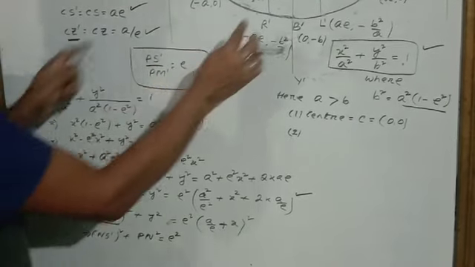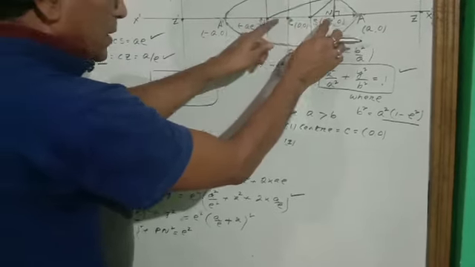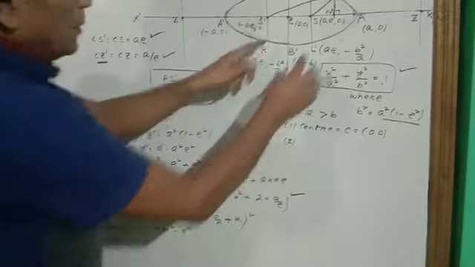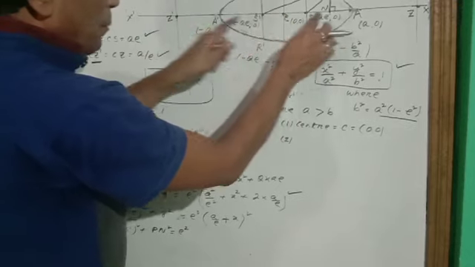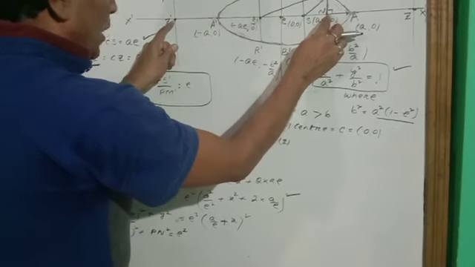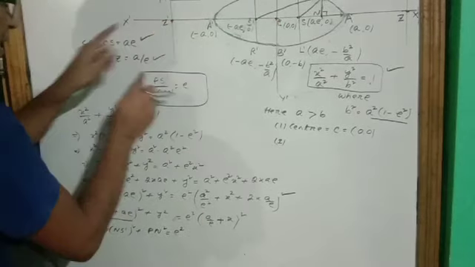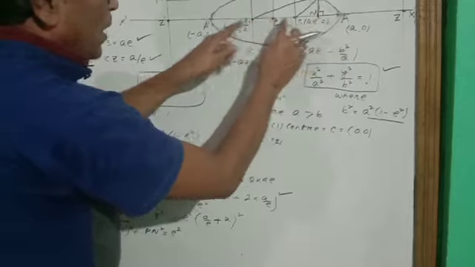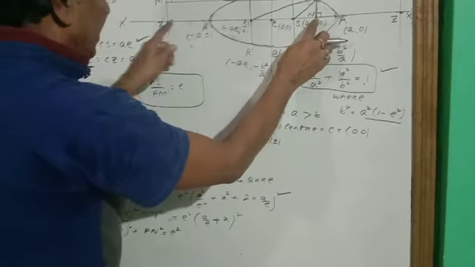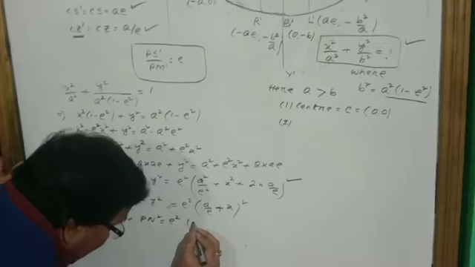CZ dash distance is a by e. So CZ dash plus x, that means Cn. So CZ dash plus Cn, that is equal to NZ dash whole square.